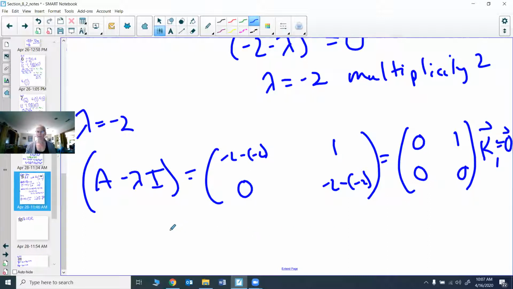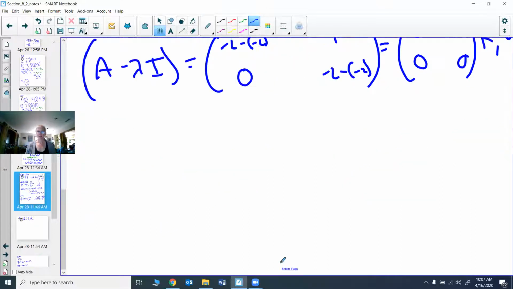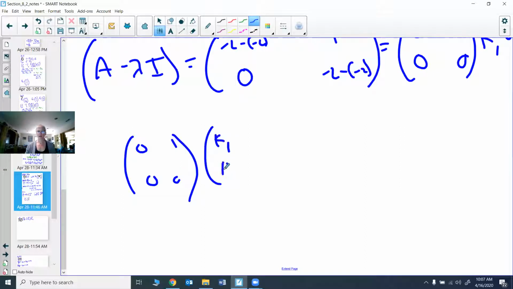So what you can think of having here is 0, 1, 0, 0 times k1, k2. And so what you end up with when you multiply this together is 0 times k1 plus 1 times k2, so k2 equals 0. And 0 times k1 plus 0 times k2 is 0.